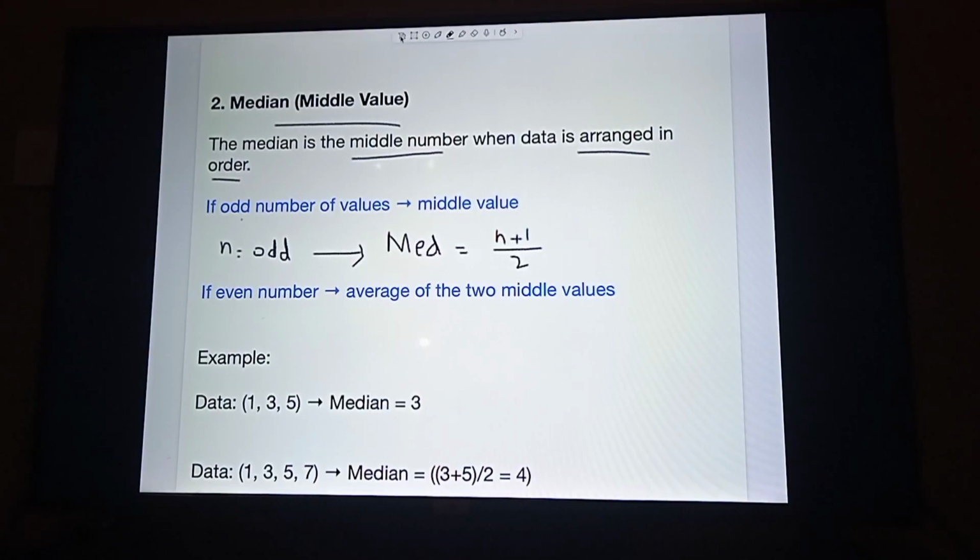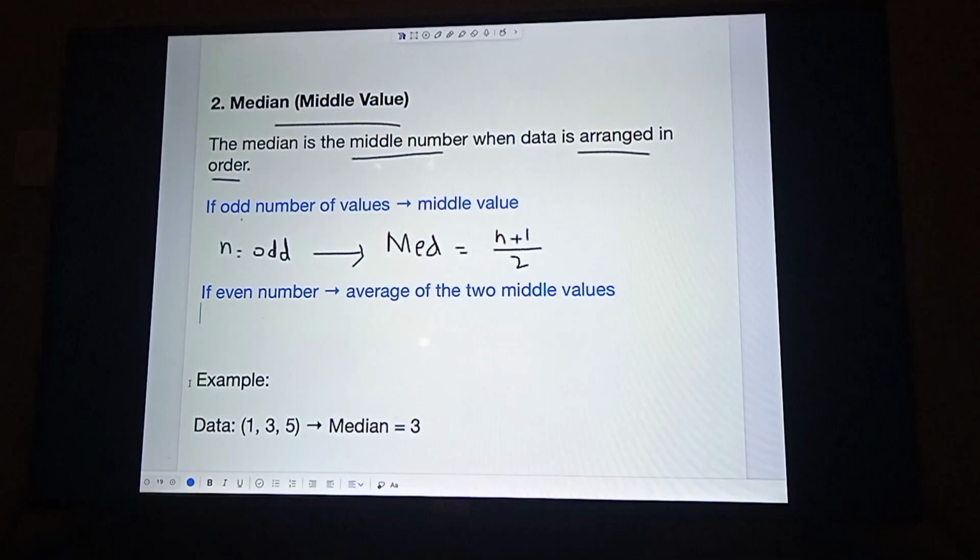But what if the case is even, that is when n is an even number?